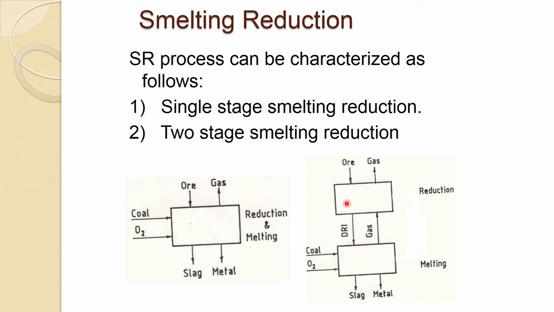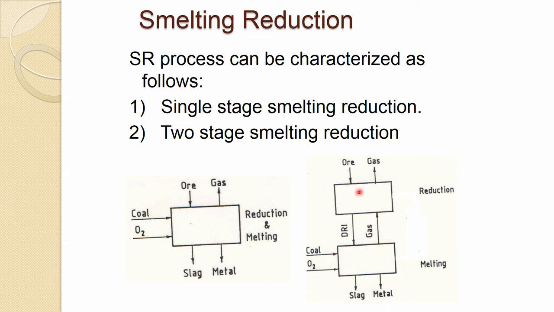It is sort of a reduced iron, not exactly that DRI would be having 93 or 94% metallization, degree of metallization as we discussed before, but it is substantially reduced DRI, and this is also fed into the smelting reactor, and where this smelting occurs, so slag and metal separated out, and the product gas which have the high calorific value and reducing potential, they are used to reduce the ore in the another reactor.